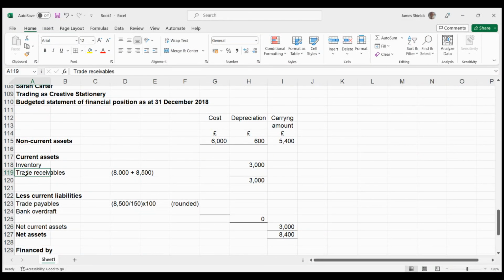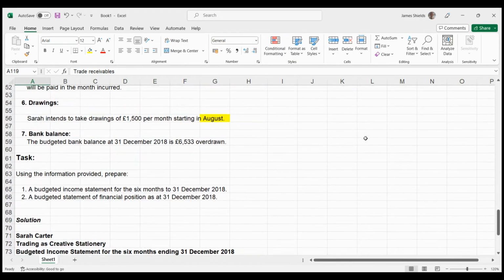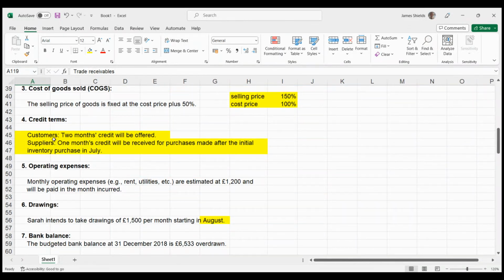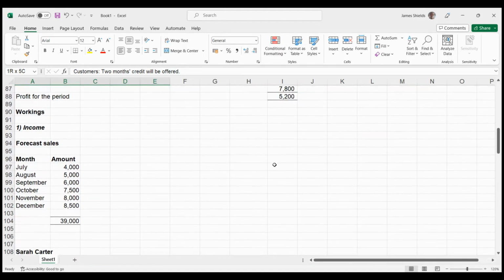Now trade receivables, a little bit of a calculation for this one. So we need to check the terms for our trade receivables, our credit customers. So back to the information. I highlighted this in yellow. Customers, 2 months credit will be offered. In other words, they pay 2 months later. So if I go back down to my sales, here we go.